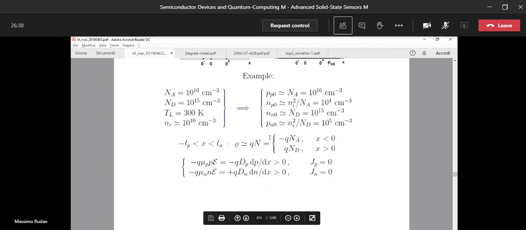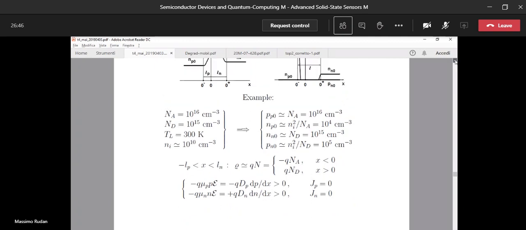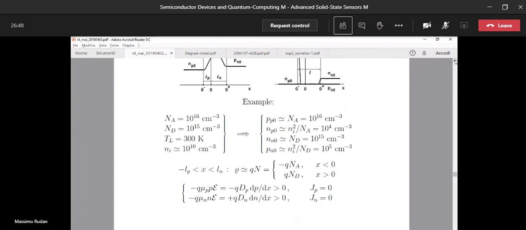When x is in between minus LP and plus LN, you remember LP, LN are the lengths of the space charge region on the p side or the n side.